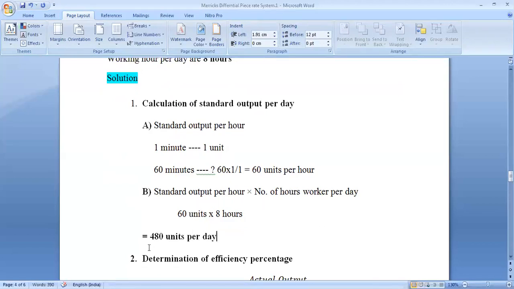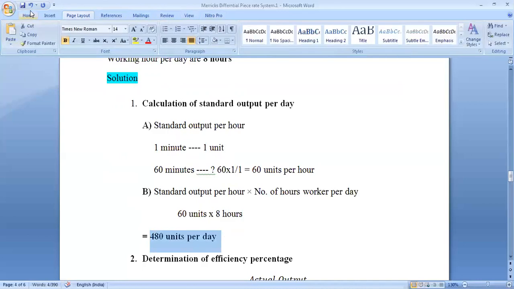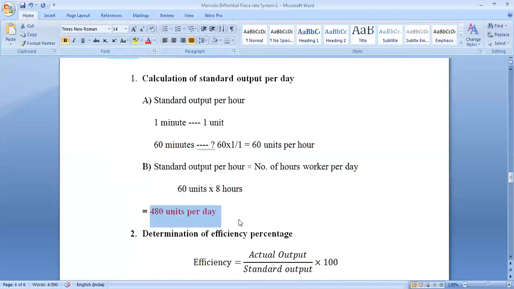So standard production per day is 480 units, which any employee should produce in an organization. This is the standard fixed by the firm. So step 1 is done by calculating 2 sub-steps: standard output per hour and standard output per day.